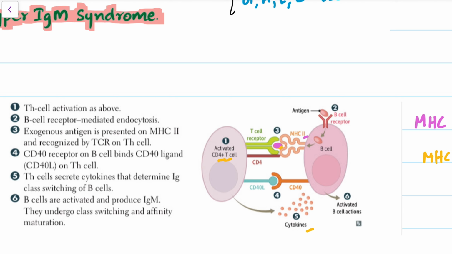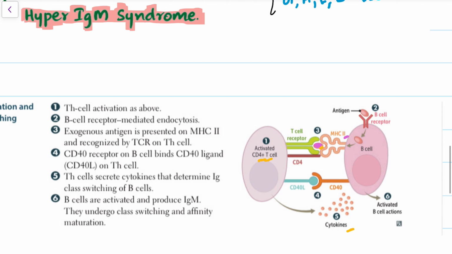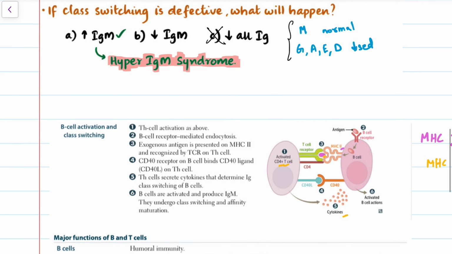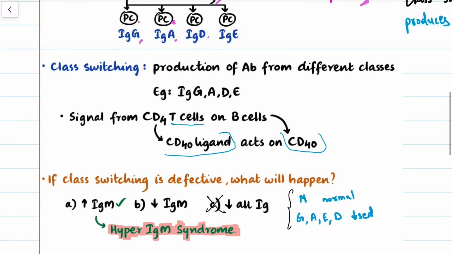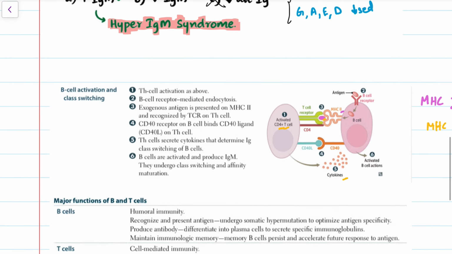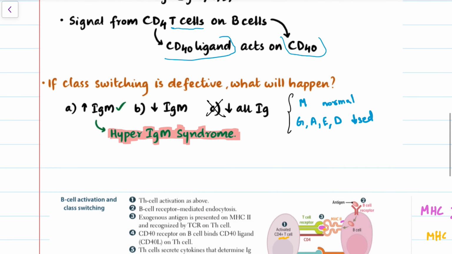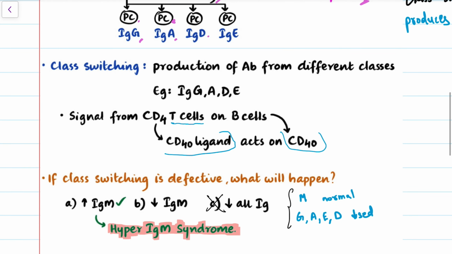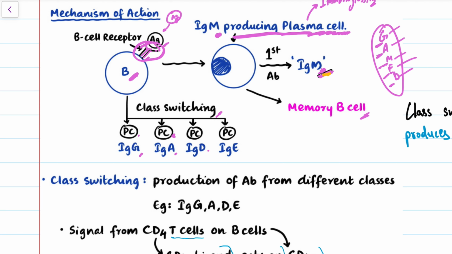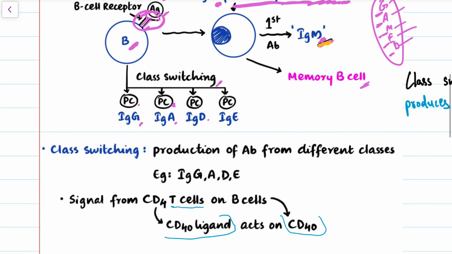And moreover, the B cell, after this confirmation, goes and activates other B cells to come into the action and destroy this thing. Okay, so this is what happens. So what happens if during this class switching the B cell has a defect in it?